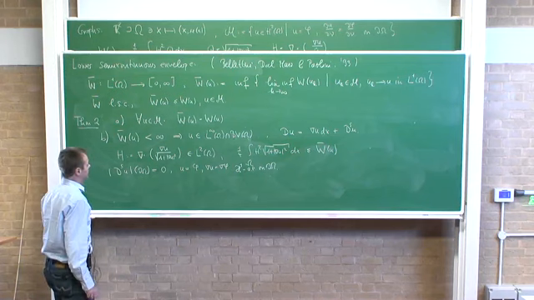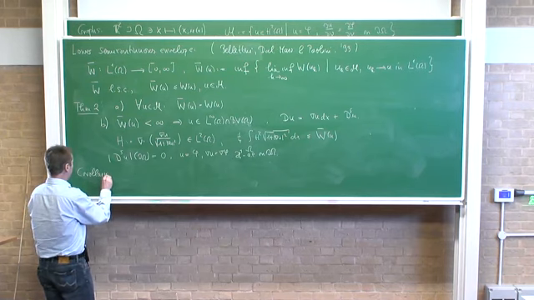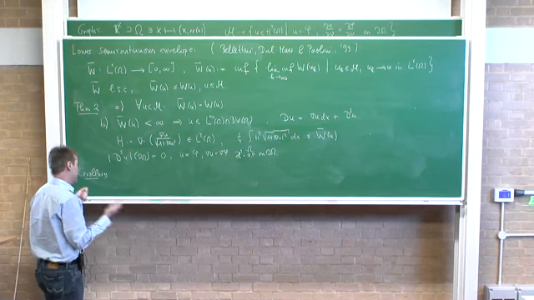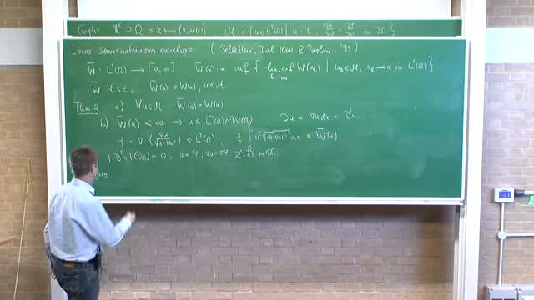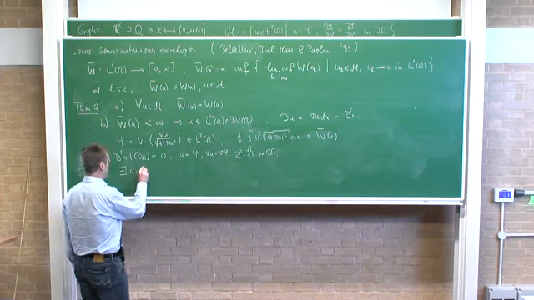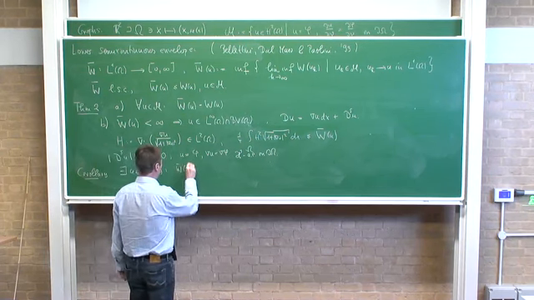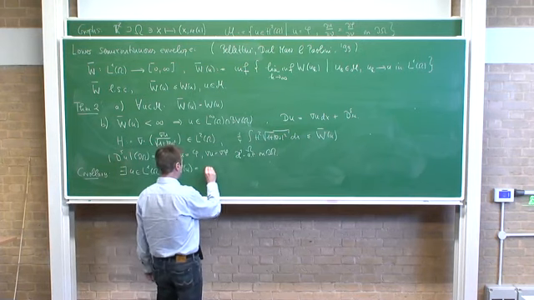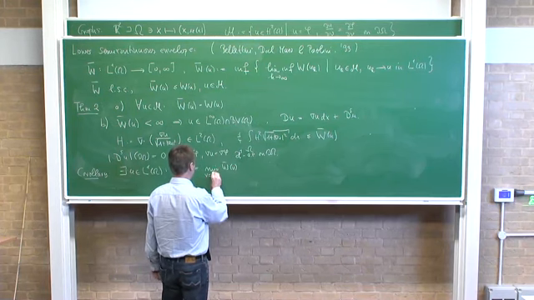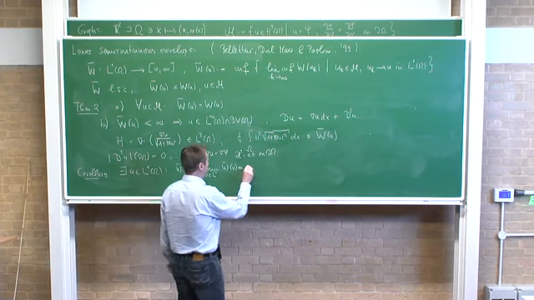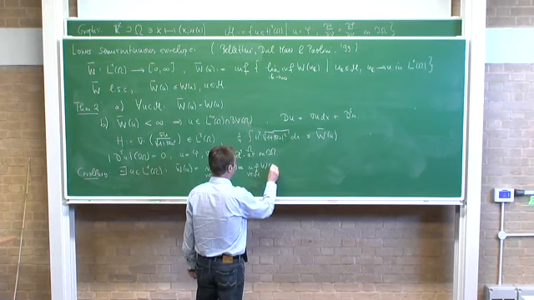As a short corollary, which is more or less an immediate consequence but still worth writing down, you can now minimize the relaxed function. There exists a function u in L1 such that W bar of u is equal to the minimum of W bar of v over v in L1, and this is equal to the infimum over v in N of W of v.